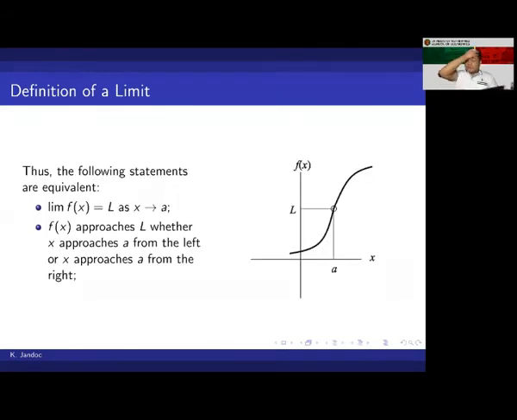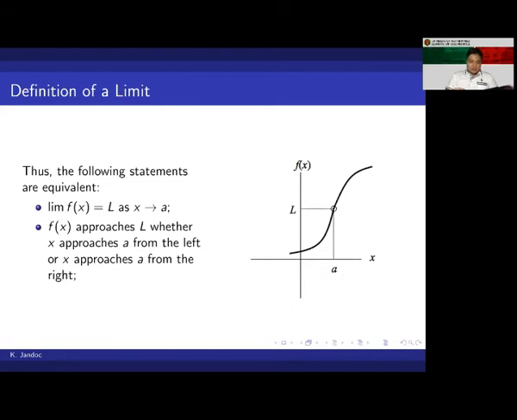So therefore, you have the following statements that are equivalent. We say that the limit of f of x equals L as x approaches a is the same as saying that f of x approaches L whether you approach a from the left or from the right.